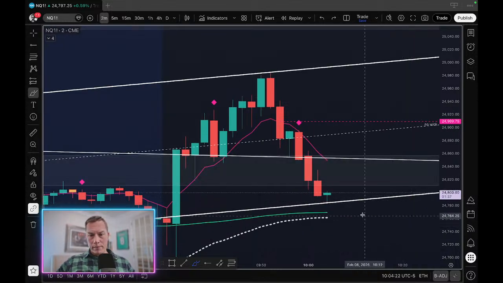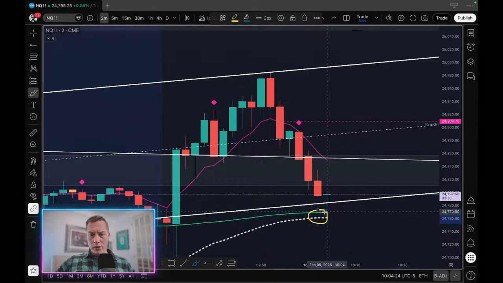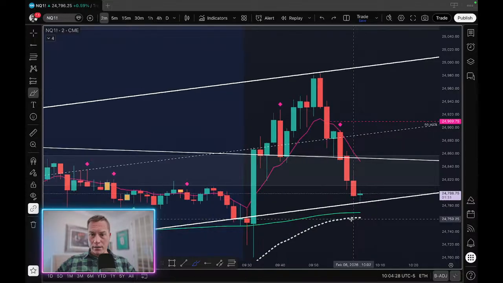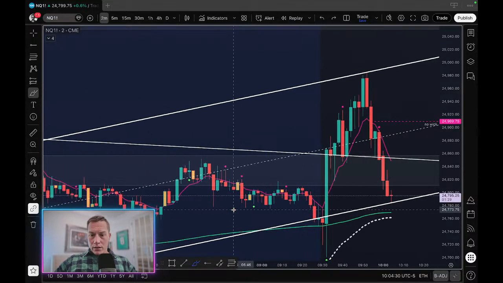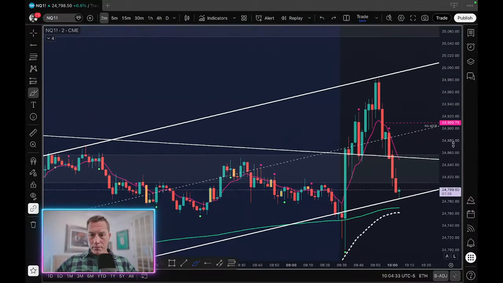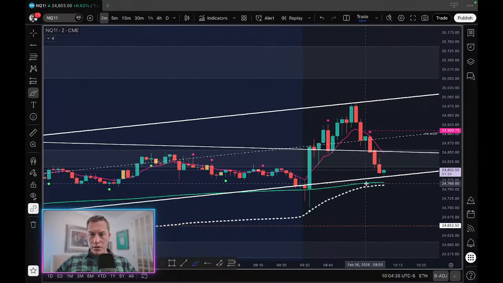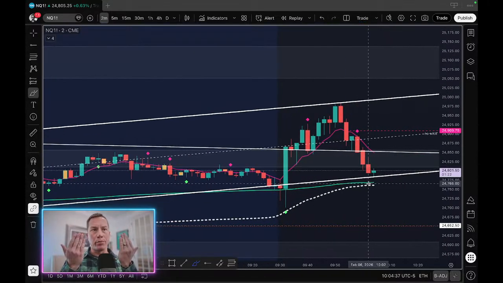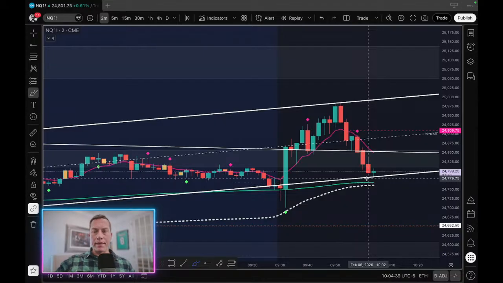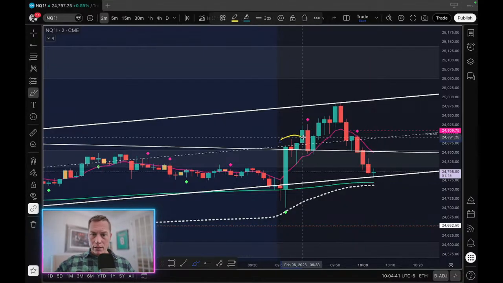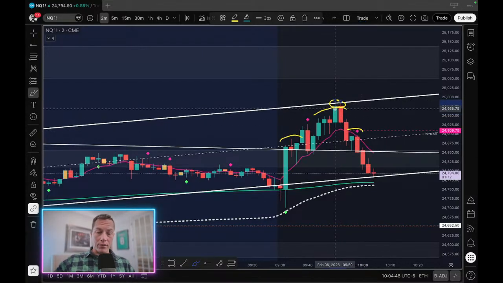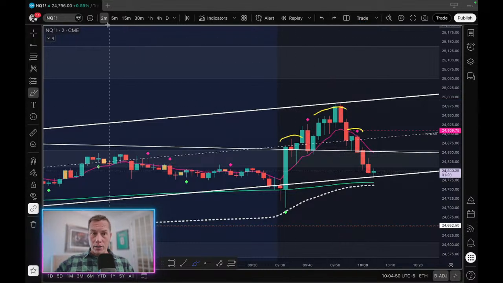See what we get. Now, we still have the 200 and the VWAP right here. I want to watch that. We could come down a little bit more. I think we might. Let's see. But just pan out a little bit, right? Look back and think about what just happened. I mentioned this: there was this head and shoulders that played out, and I said up here that we have to watch this, right? We're at the very top of this play.